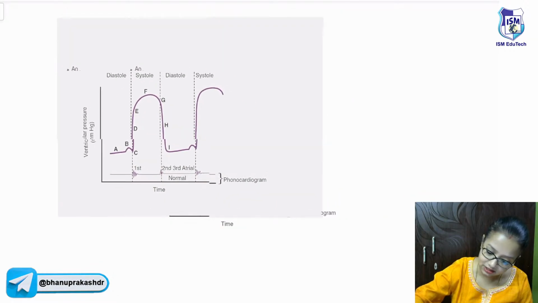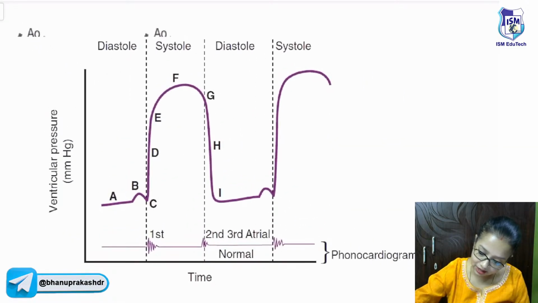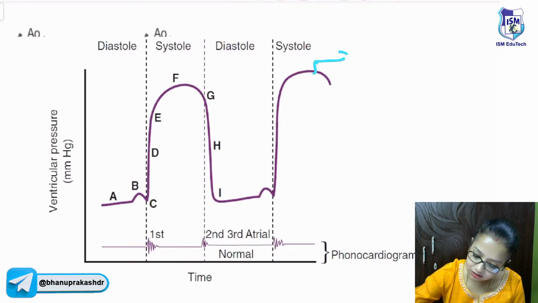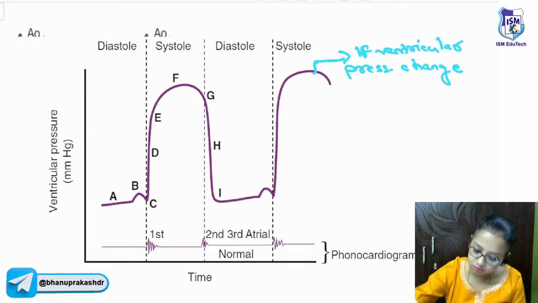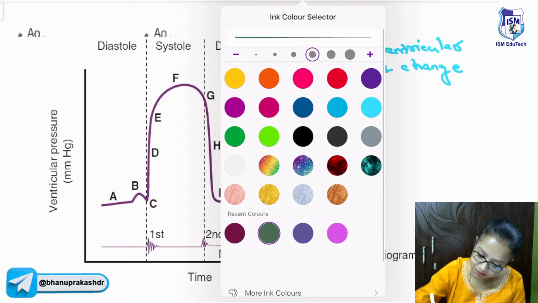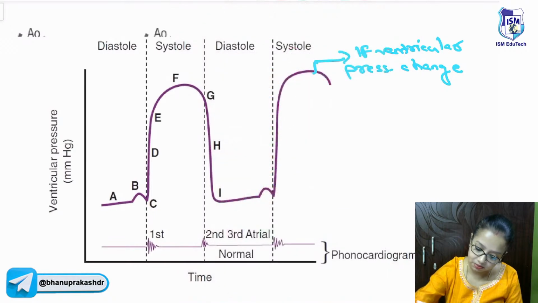So, just as a reminder, this graph we study is the left ventricular pressure change. Very quickly, as we can see here, it has been marked as A, B, C, D in the graph, only the ventricular pressure change.